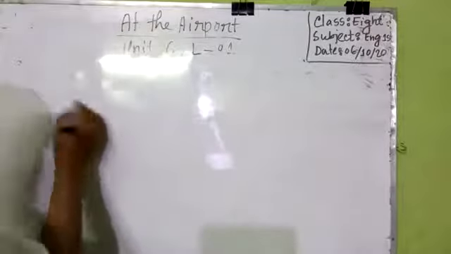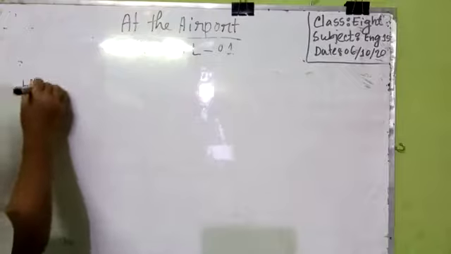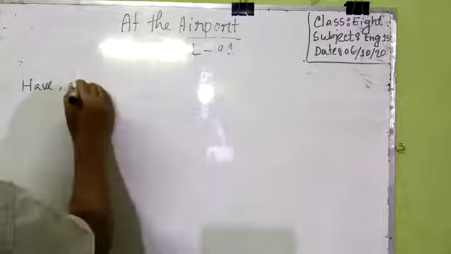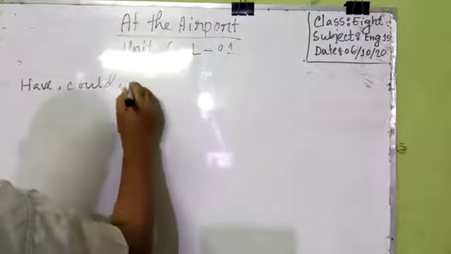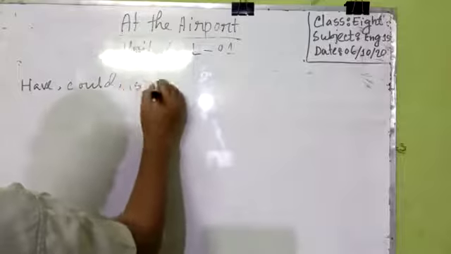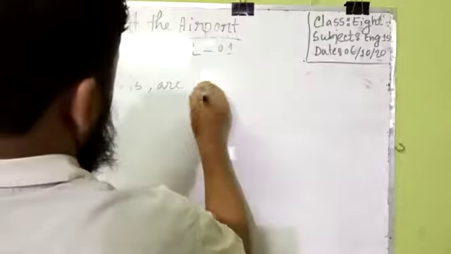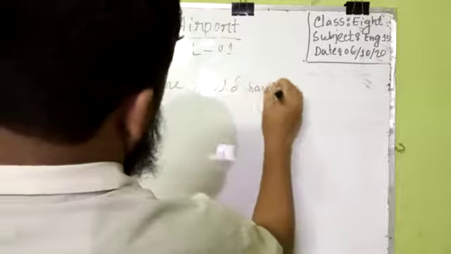Some important words from here are: have, then could, then is, then are, and then would, and then have to.